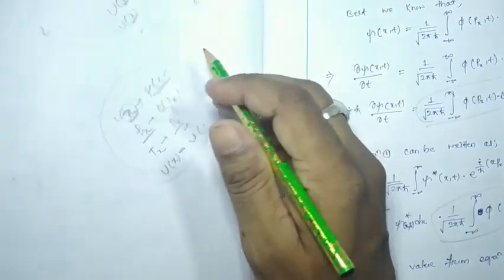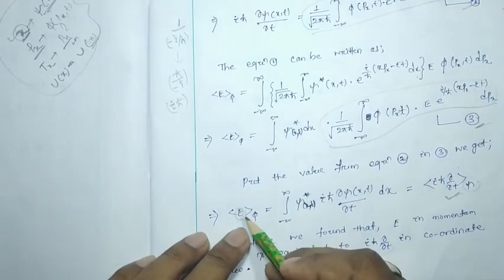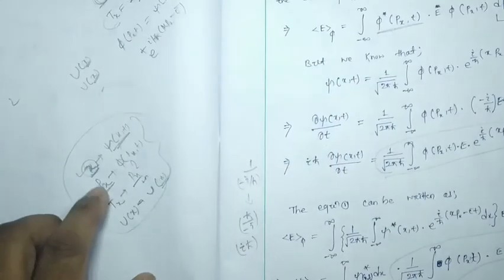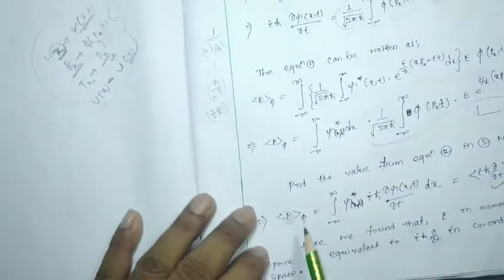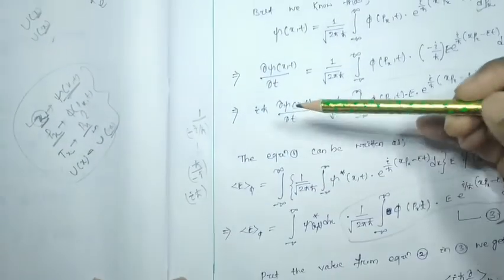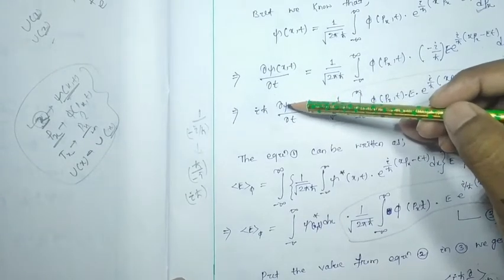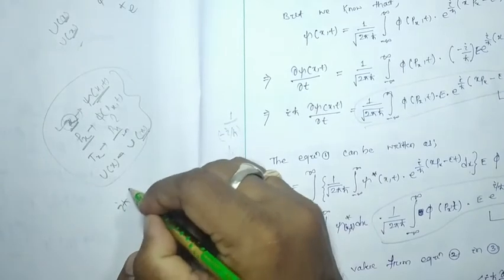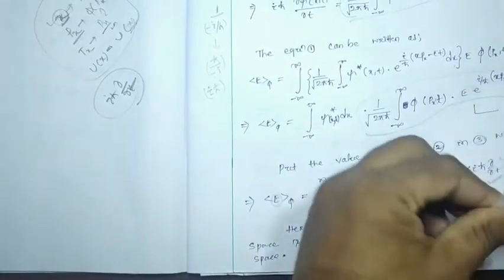However, here we have not used E in the form of either coordinate space or momentum space. In this format, whenever we are considering del psi by del t, in the form of i h cross del by del t, at that time E looks like one type of symbol.